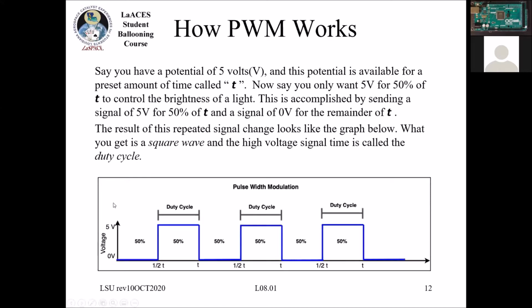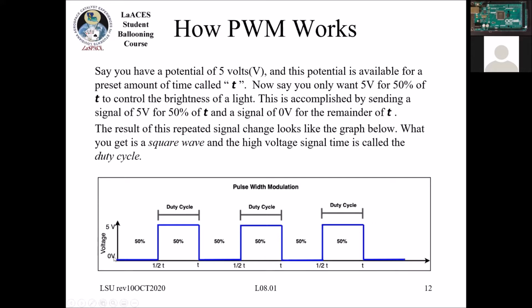So how does this work? Like I said, you still have a 0 and a 1 value, right? But you have a repeated pulse that is of a certain length.